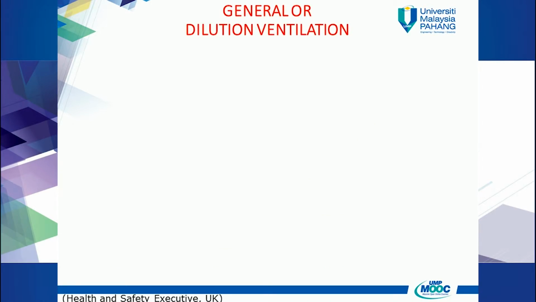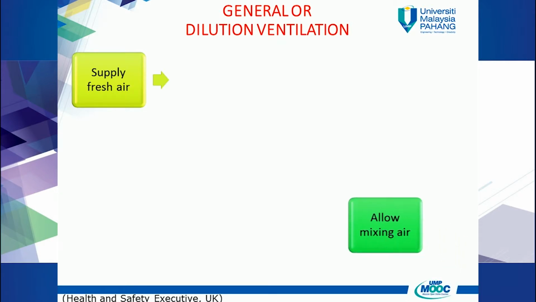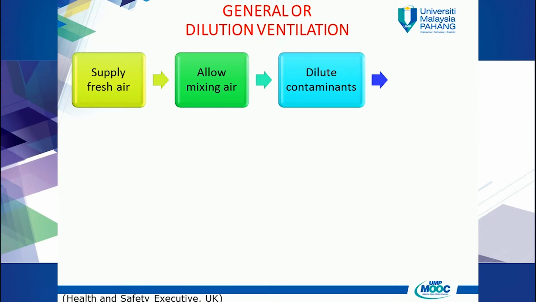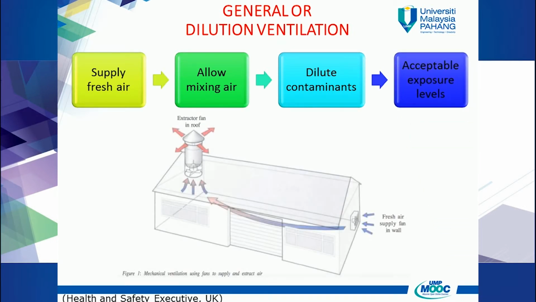General or dilution ventilation is used to supply large amount of fresh air into an area or building. This type of ventilation system dilutes the contaminants by mixing the contaminated air with clean air. Thus, the concentration of contaminants can reduce to the acceptable exposure levels.